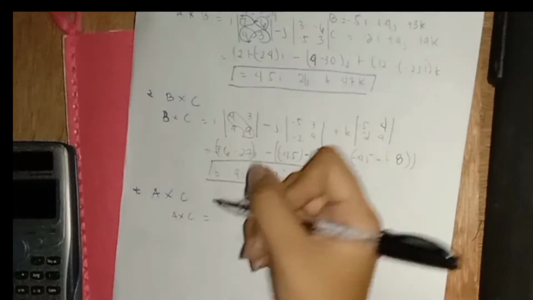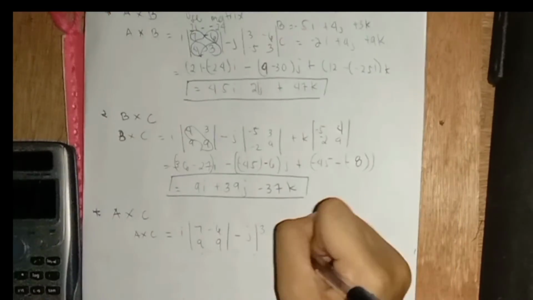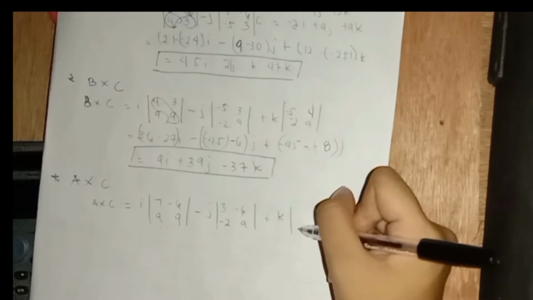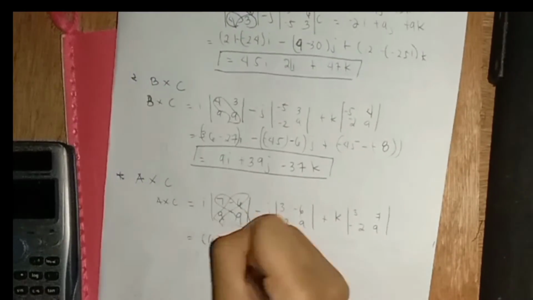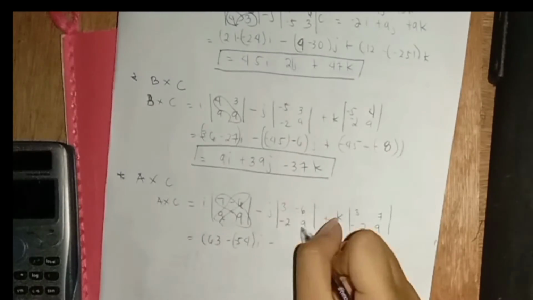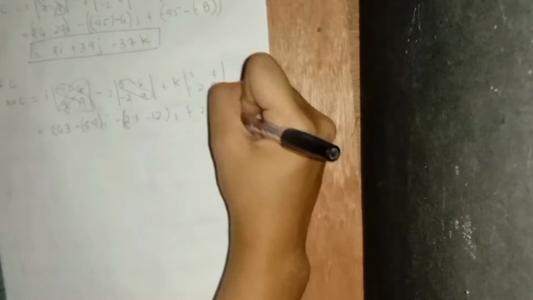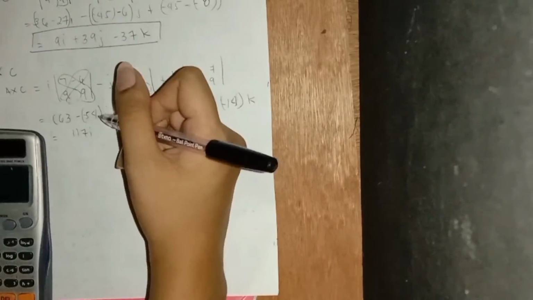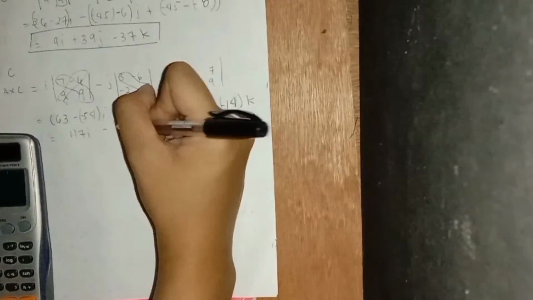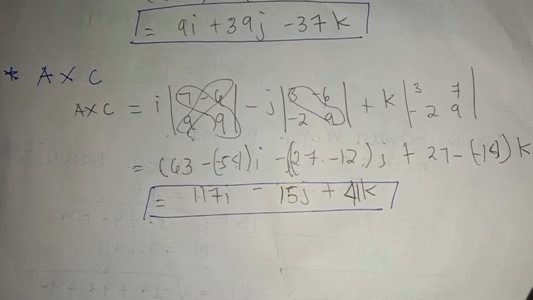And for the cross product of A and C, we put the values on the line for every component, cross multiply, and subtract, then add and subtract to simplify every term. So we get another vector, which is 117 for i, negative 15 for j, and positive 41 for k.